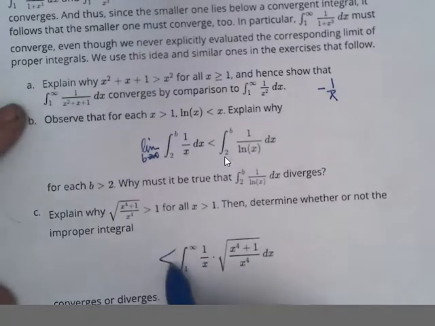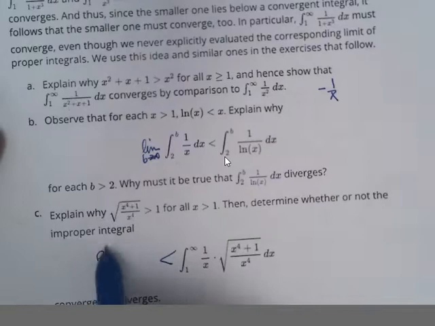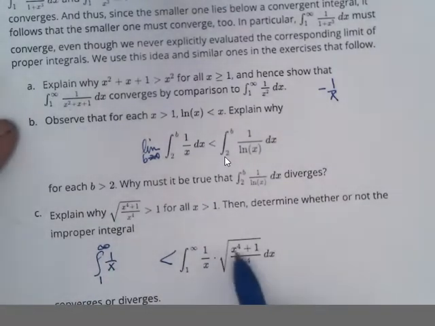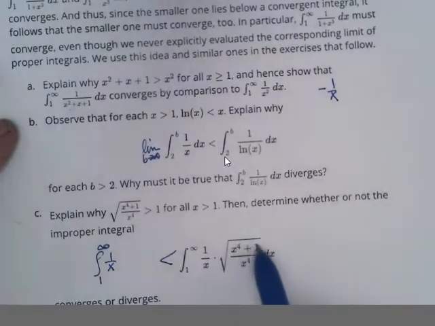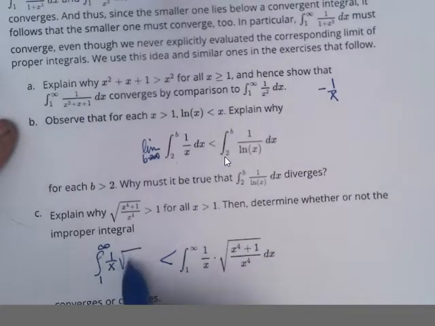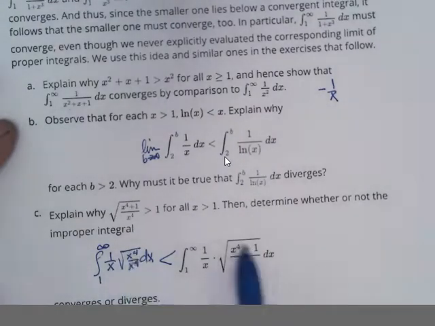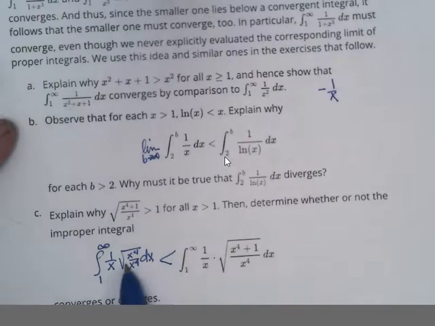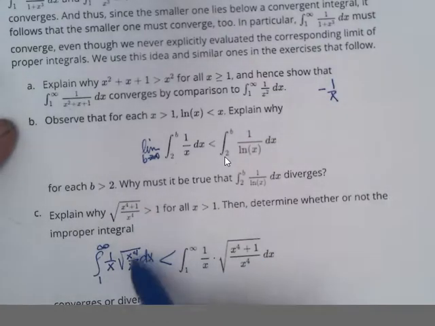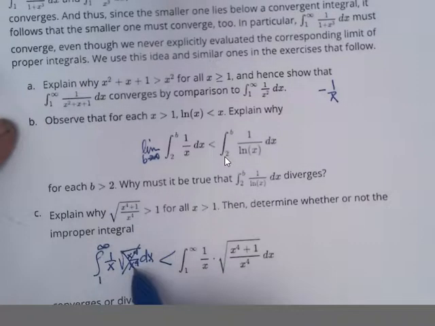This will always be bigger than the integral from 1 to infinity of 1 over x, and I'll just take the 1 out, the square root of x to the 4th over x to the 4th. That numerator is smaller than that numerator, so this has to be a smaller square root than this is. And x to the 4th over x to the 4th is 1. The square root of 1 is 1, so this is gone.